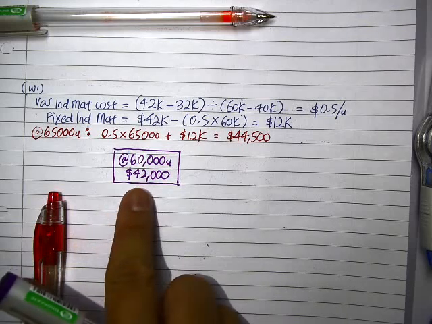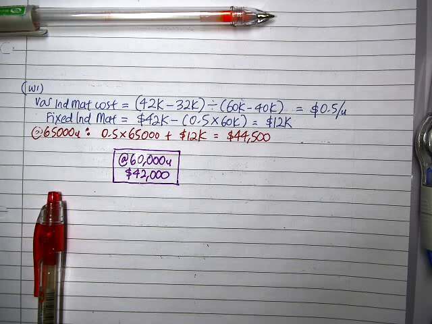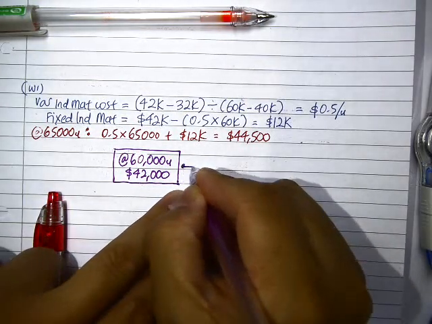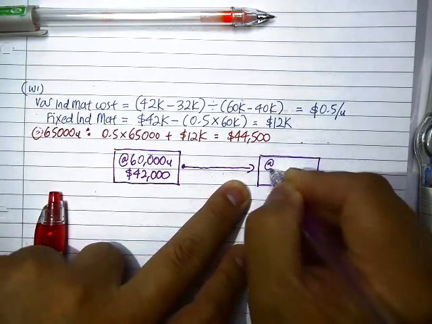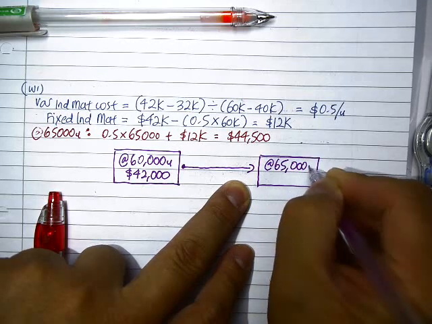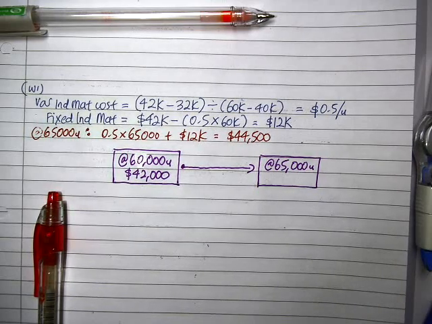And that 42K is already including two elements, the fixed and the variable. The fixed is inside it. So the logic is, if you want to find the cost at 65 unit, okay, you want to find the cost of 65,000 unit. Then you ask yourself, from 60,000 to 65,000, what will the change in the cost be? It's only the variable that is changing, because the fixed cost won't change.